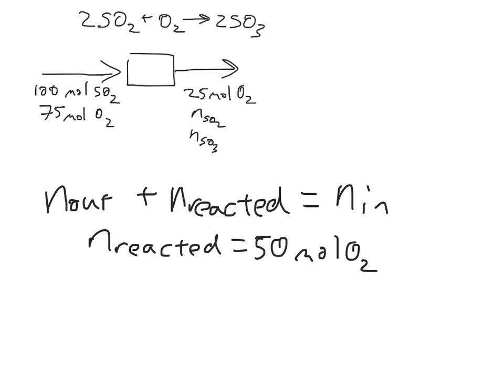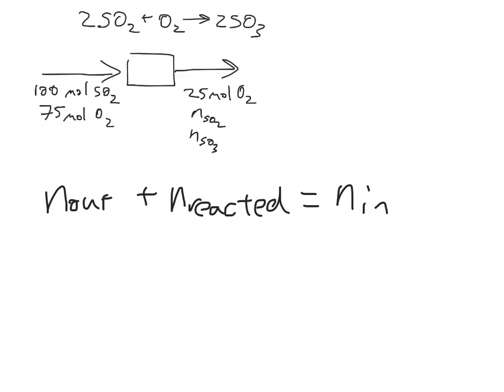Now there's an alternative way to solve this problem, and that's using extent. An extent equation is very similar to this one, except it's written as: N out is equal to N in plus nu i times this funny little symbol, which is the symbol for extent.